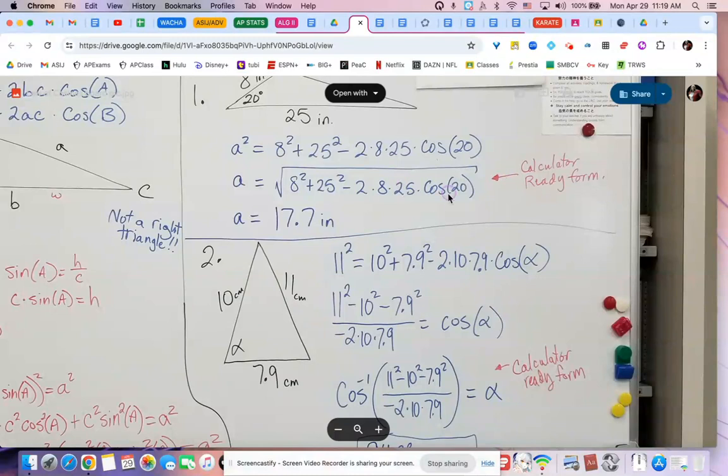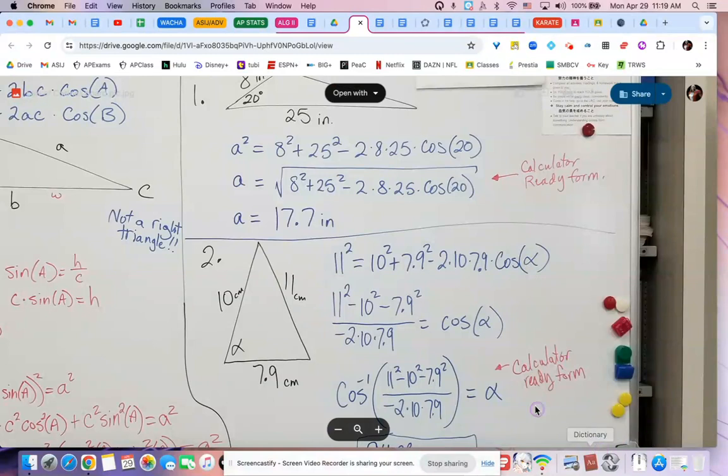There's no getting lost in all the little decimals and big numbers that you're throwing all over the place. All you have to do is write down, so I just wrote out the law of cosines. I realized that I have to take the square root of both sides to undo that. So I took the square root of both sides, and you get this next line. This is calculator ready form. All you have to do is just throw that in the calculator.